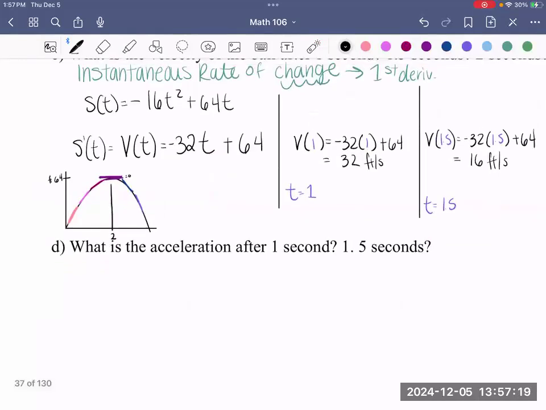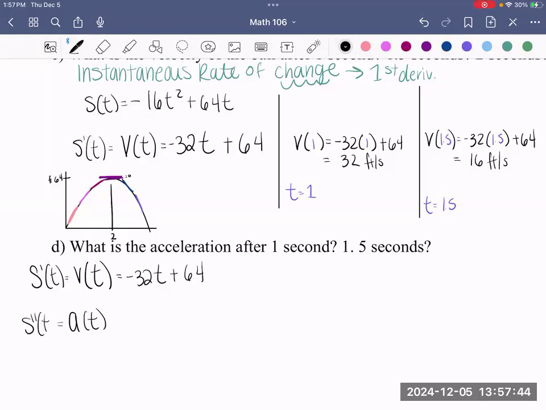So now it says, what is the acceleration after 1 second and 1.5 seconds? So how do you find acceleration? Well, we take your velocity, which, keep in mind, is just the first derivative of your positional function. To get to your acceleration, which is the second derivative of that positional function, we derive again. We're just at negative 32.